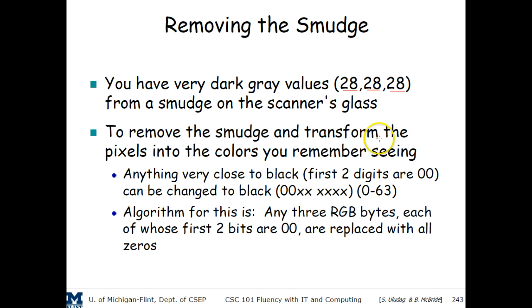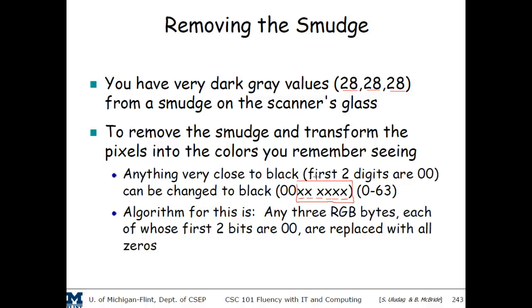And the way we would do that is, if you recall on the 8-bit binary assignment, the first bit is worth 1, the second one is worth 2, the third one is worth 4, 8, 16, and 32. Now any of these together could give you a value in the range of 0 to 63, which is still fairly close to 0.